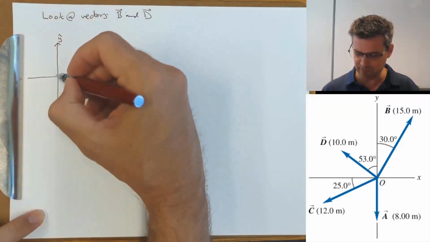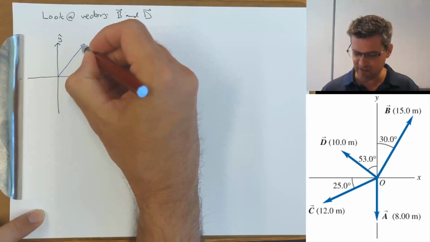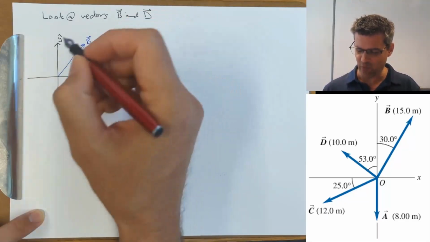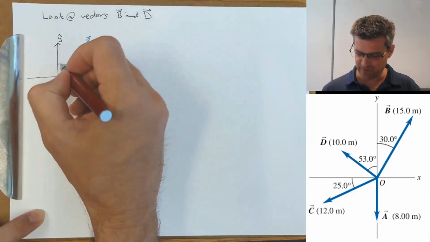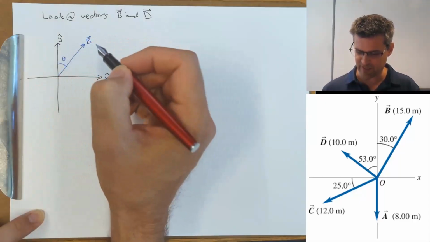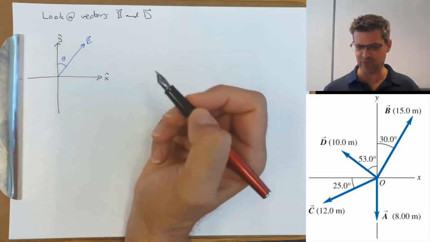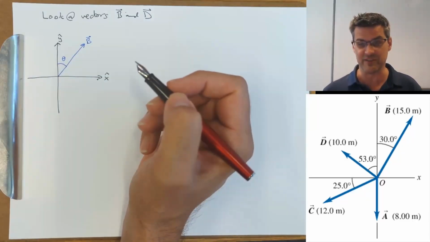Now in this problem, we have B that's pointing in this direction. And what we're told for a vector direction is that we got some angular measure measured with respect to the y-axis. Now we happen to know these numbers.